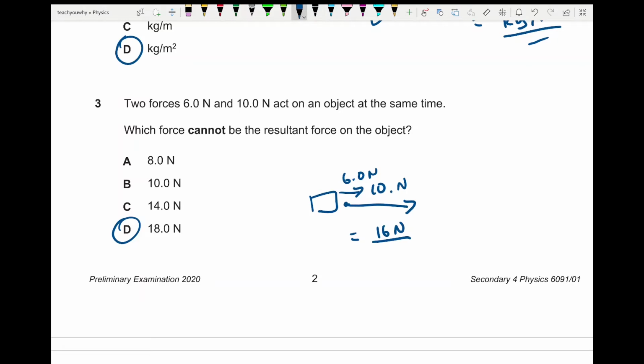Now, some of you may ask, how do I get a resultant force of 8, 10, and 14? I'll quickly explain this without going into too much detail.